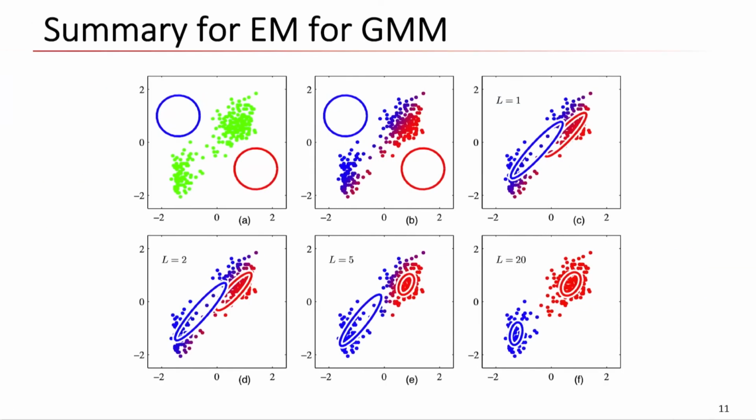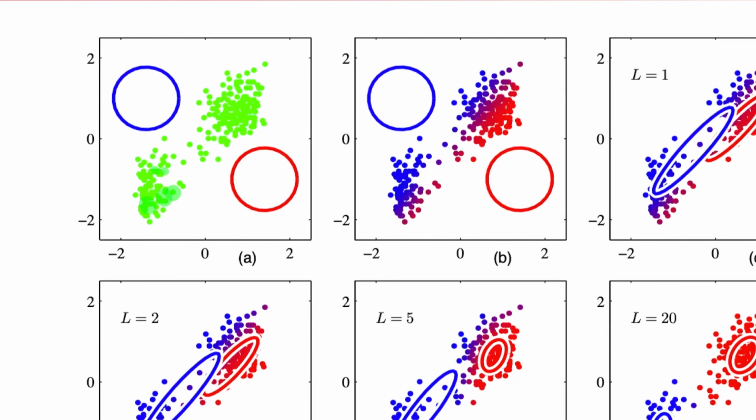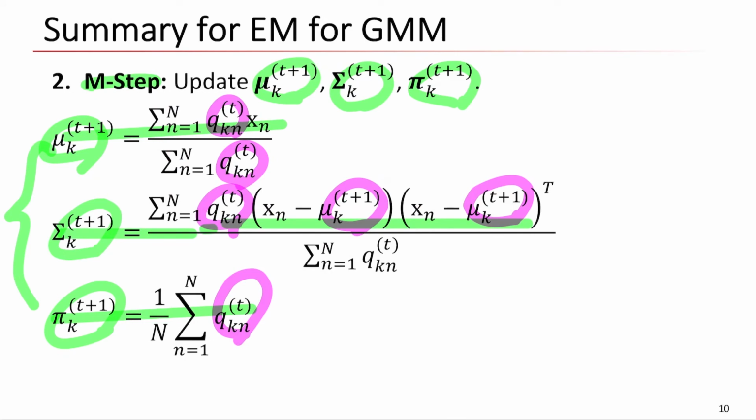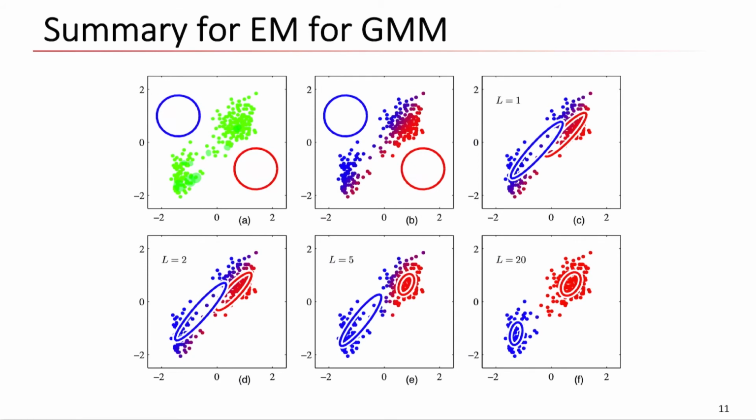Okay, so let's visualize this one. First of all, we have the samples here. And first of all, we need to initialize this mu, sigma, and pi. Okay, let's say we have two clusters here, this one and this one, right?